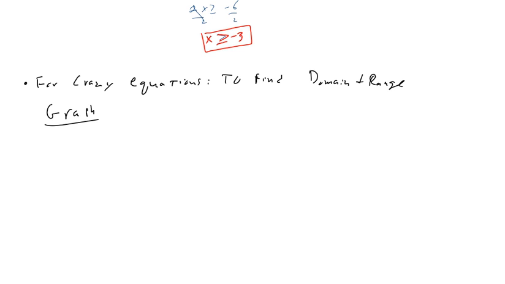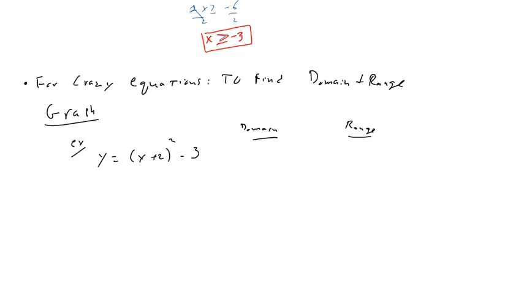So for example, if you have an equation like y equals (x plus 2) squared minus 3, what's the domain and range? So first question, the domain. Do we have any restrictions on this domain?